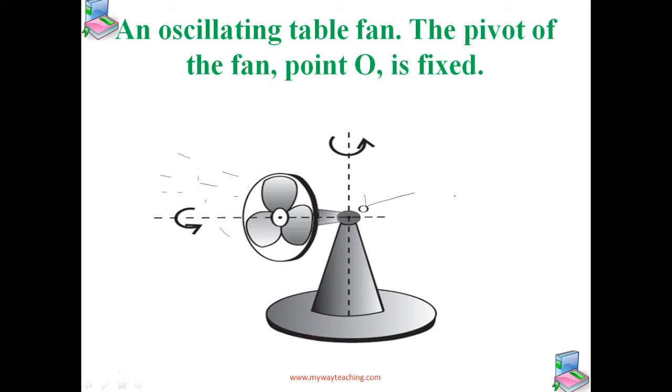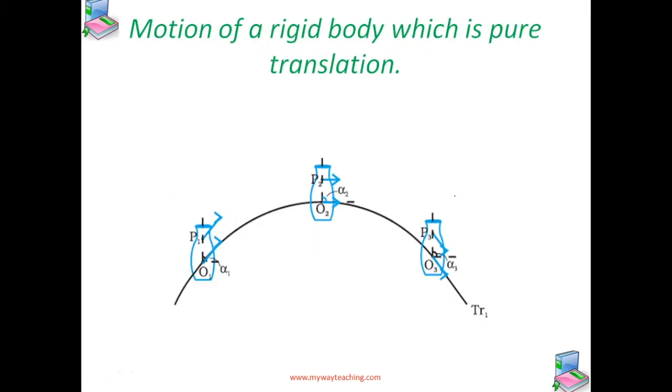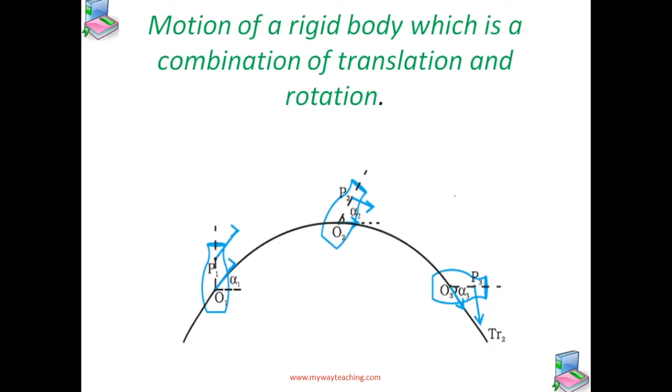So here we'll deal with very simple cases. In the next examples you can see the motion of a rigid body which is pure translational. That is the first figure. So this is one example and you can see one more here. In this figure it is the motion of a rigid body which is a combination of translation and rotation.